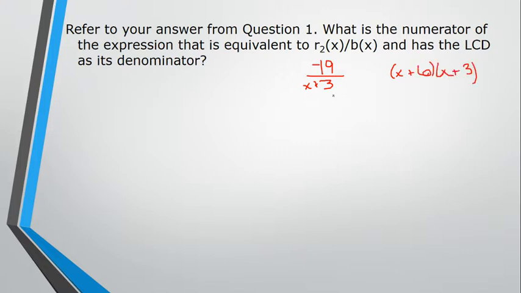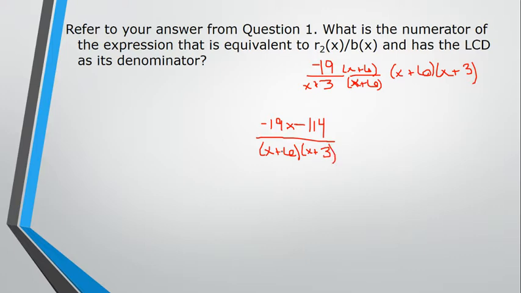So we have x plus 3 in our denominator already, so that means we need to multiply times x plus 6 over x plus 6 in order to get our LCD here on the bottom. So if I distribute my negative 19 to x, I get negative 19x, negative 19 times 6 gives me a negative 114. Remember, if you need to use a calculator, use a calculator. And that would be all over my LCD of x plus 6 times x plus 3.